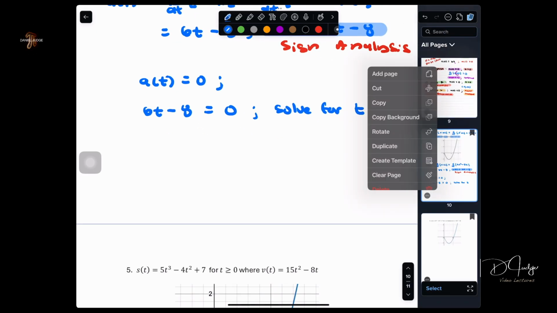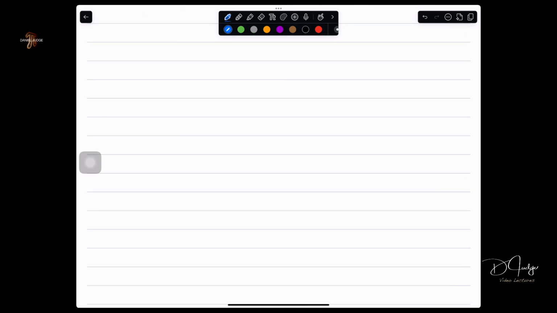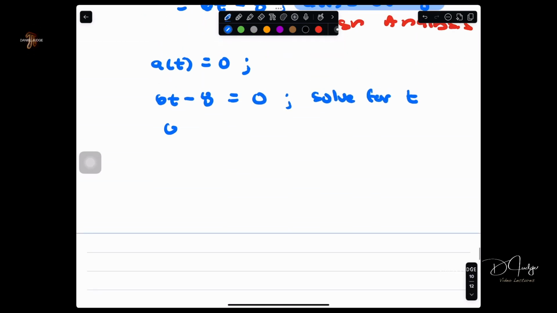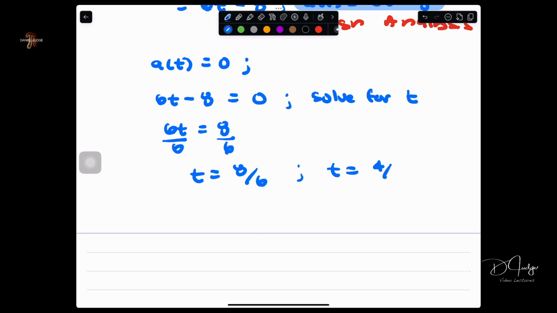Solve for t. If I add 8 to both sides, we get 6t is 8. Divide both sides now by 6. t is 8/6, but what that really means is t is going to be 4/3 of your seconds. 4/3.